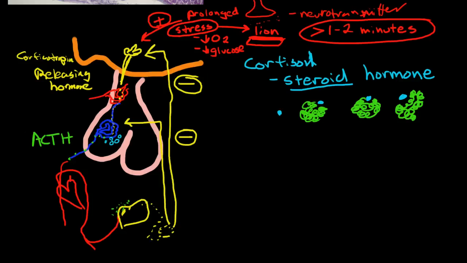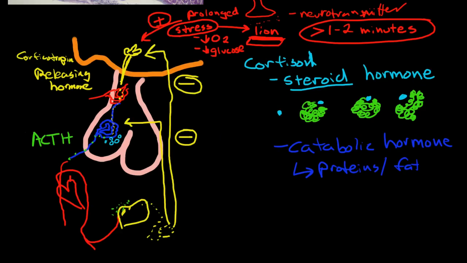Now, cortisol is considered a catabolic hormone, so it's the opposite of anabolic. Catabolic means that it breaks things down. In particular, it breaks down nutrients: proteins, fats, and complex carbohydrates are broken down into glucose.